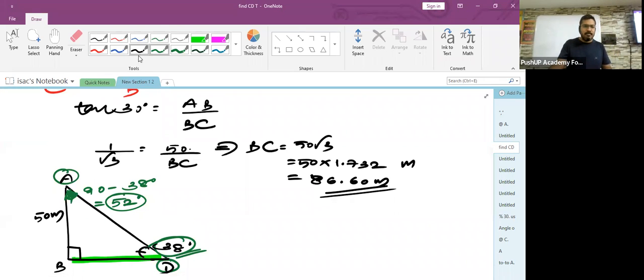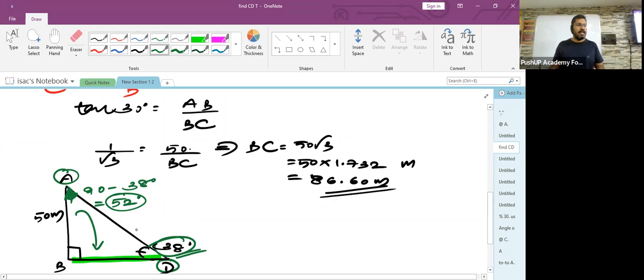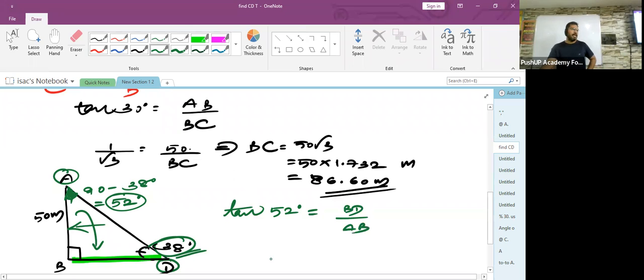So with reference to 52 degrees, this particular angle, children, BD is the opposite side and AB is the adjacent side. You all agree with that? So I will write here tan 52 degrees is equal to opposite BD divided by adjacent AB.